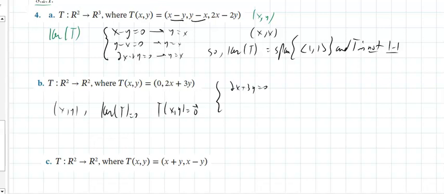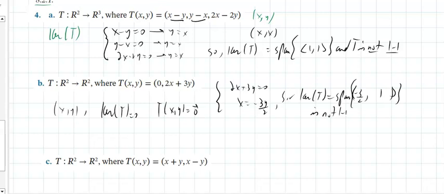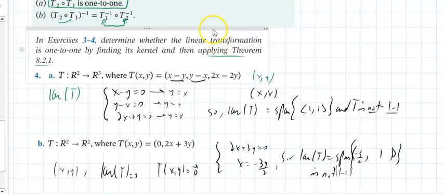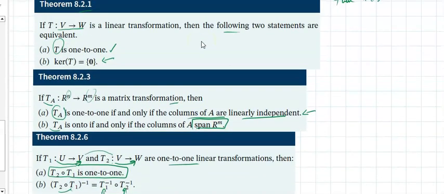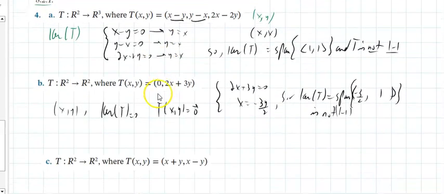Y could be 2, and x would be negative 3y divided by 2. So we say here, the kernel of T is the span of, if I let y equal 2, negative 3, 2. Any multiple of that will do. So this is not one-to-one. And why is that? Because we want it to be simply 0.